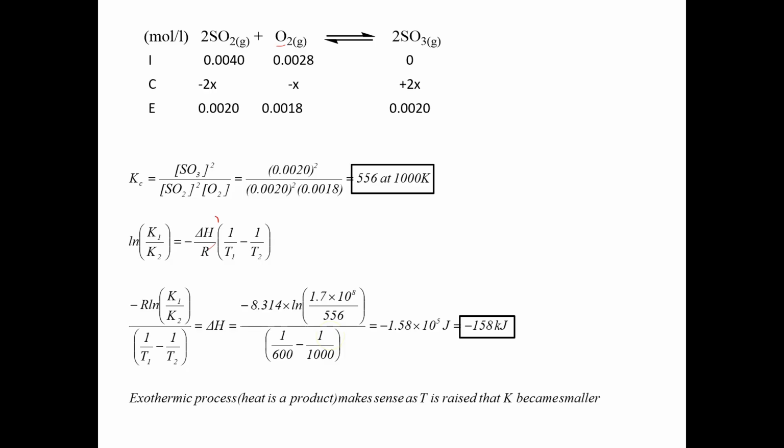556. Worth noticing that as the temperature went up, K went down by a lot. So that tells me that this reaction is exothermic. Put my two temperatures in, 1 over 600 for 1 over T1 minus 1 over 1000 for 1 over T2. Then calculate everything and I got a big negative number.